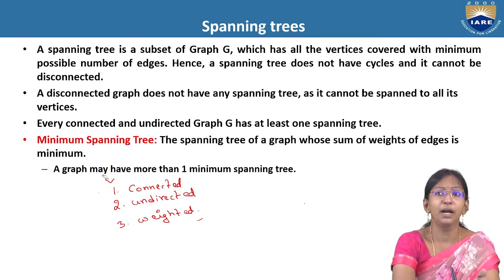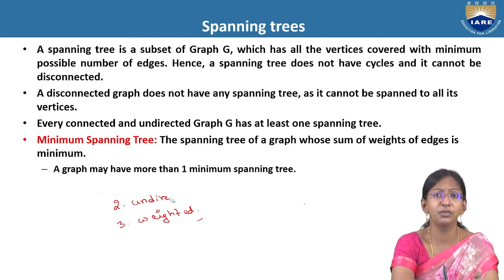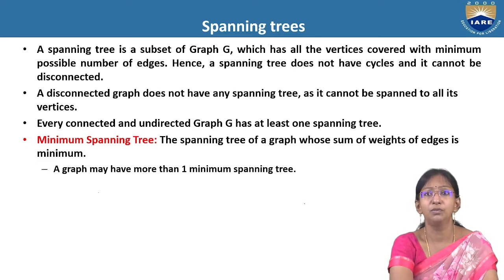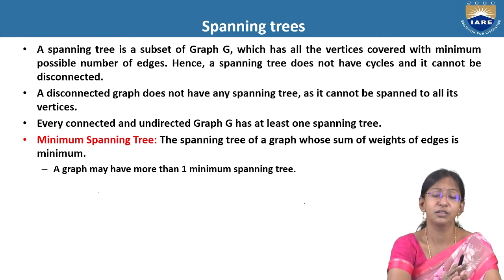So what is a minimum spanning tree? A minimum spanning tree is a spanning tree where, when we add the weights of the edges present in the spanning tree, it is the least cost. The sum of the weights of the edges is minimum. Such a spanning tree is known as a minimum spanning tree.